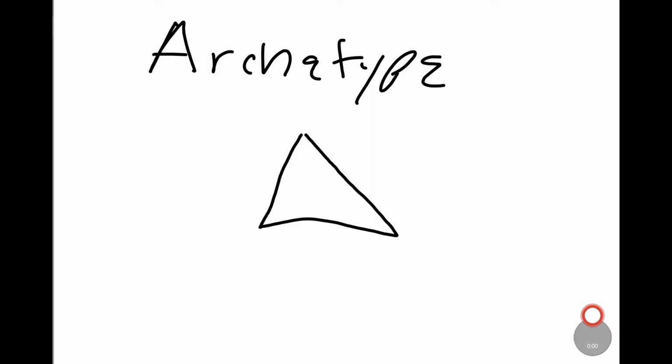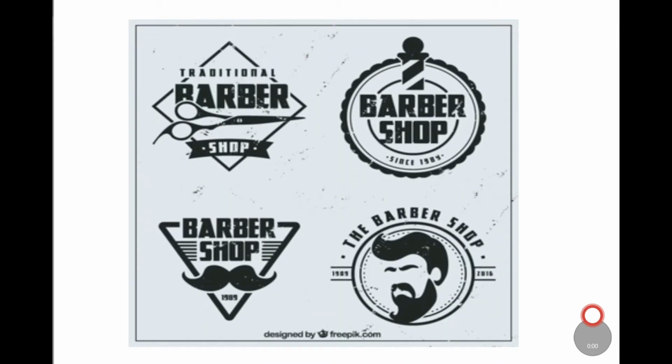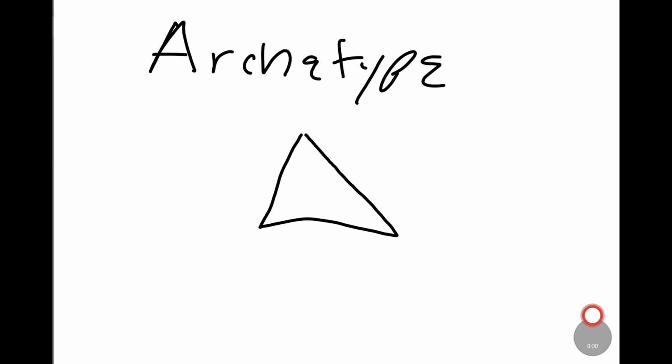Before we go on, though, it's important to understand that there are only so many shapes. And there's only so many archetypes. Just because, let's say, your local barber has a symbol for a logo doesn't necessarily mean that he or she is into the occult.